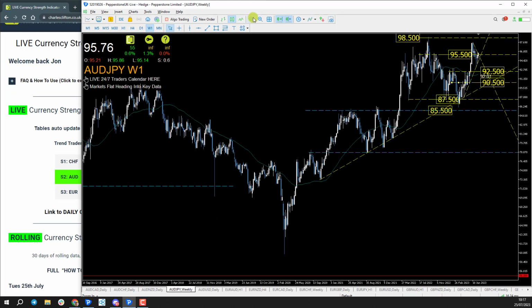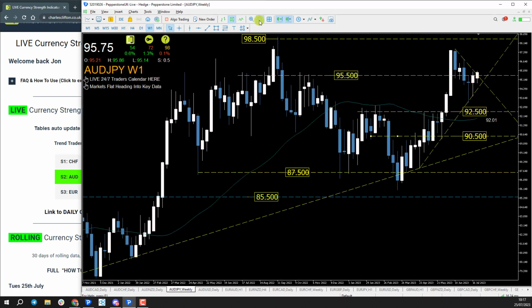Now if I flick over to a weekly chart, weekly is looking a little bit more bullish in terms of it's quite clean. You can see that we have these wicks to the downside there. That wick is telling us basically that as price tried to seek lower prices, buyers have stepped back in. Again, as price starts to seek lower prices, buyers step back in. So it could be a sign that we are going to see price head higher.